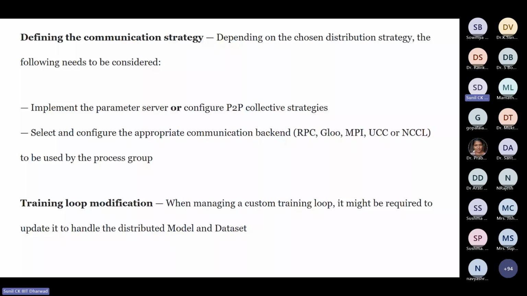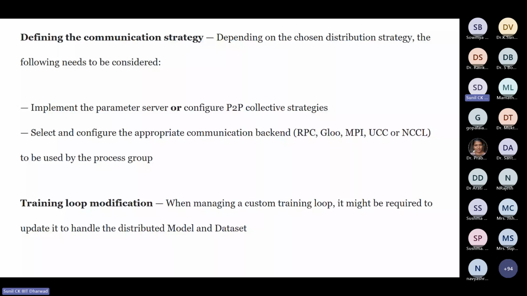And training loop modifications: when managing a custom training loop, it might be required to update it to handle the distributed model and data set. For example, when doing training loop modifications, you will have to take care of whether the data is distributed or the model is distributed, like training on different machines or different data sets.